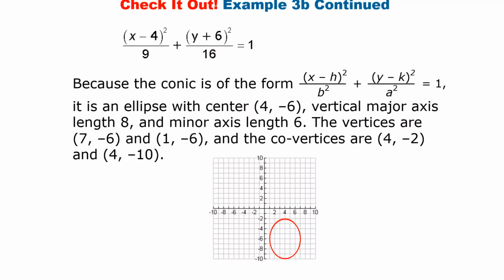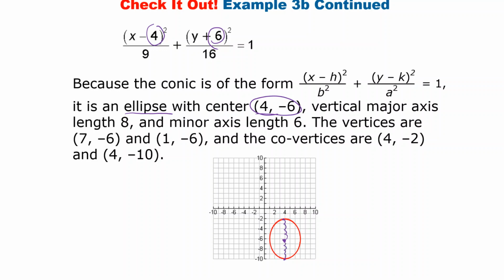Because it is in the form of x minus h squared over b squared plus y minus k squared over a squared equals 1, we know that it is an ellipse. We know that the center is at 4, negative 6. And so we go ahead and put that 4, negative 6 in here. The vertical major axis has a length of 8, so we go 2, 4, 6, 8 on both sides.